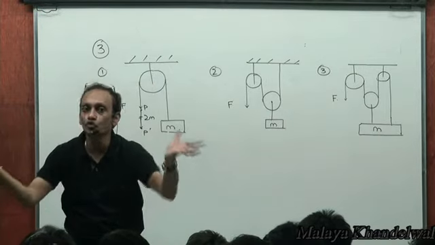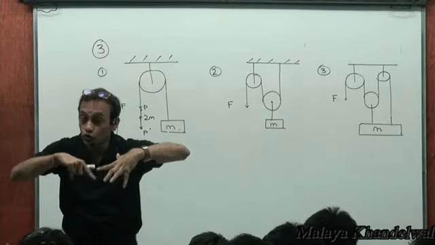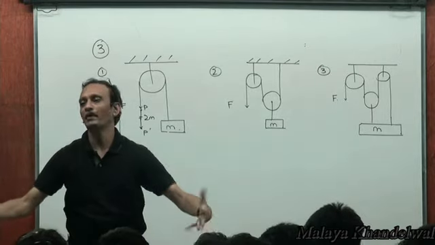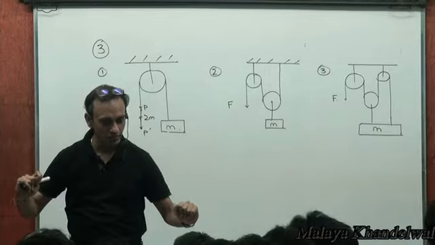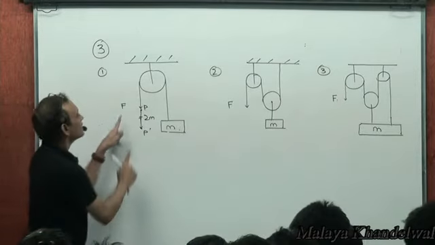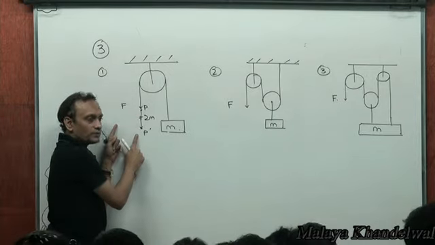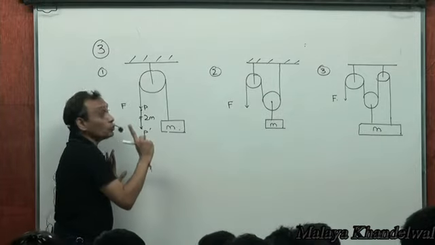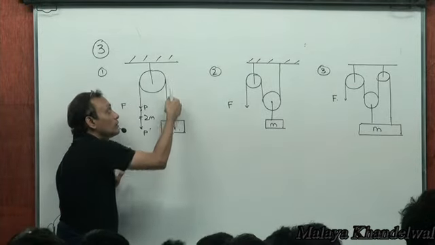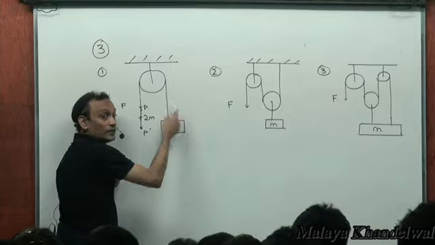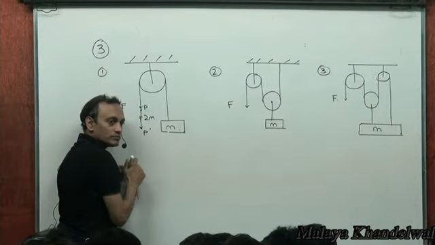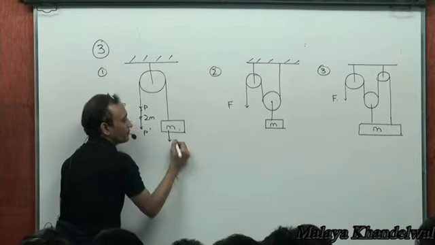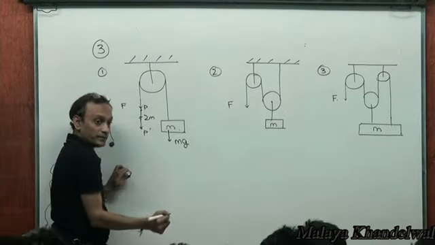That means I include the string in the family, so it will not pull me anymore. Okay, so a force F applied, right? Then the only two external forces, if I include the string in the system, would be F and mg.